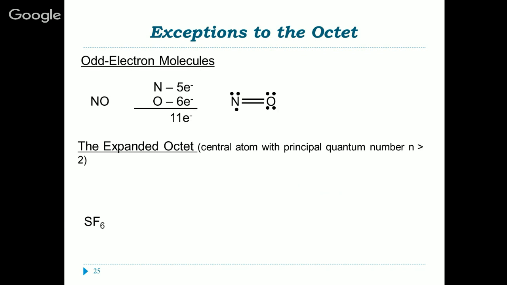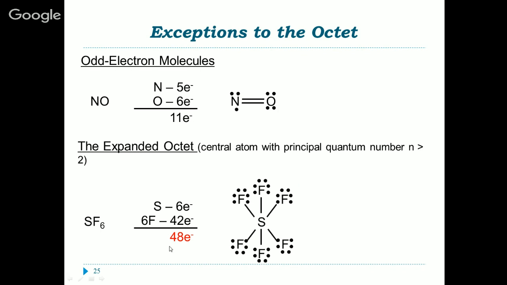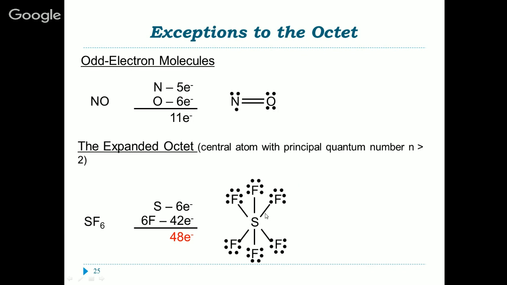So for example, sulfur hexafluoride, hexa because there's 6. Sulfur is going to be my central atom. 6 electrons here, 7 for each of the fluorines. 7 times 6 is 42. Added up, I should have a total of 48 electrons. And I do indeed. Sulfur is actually 2, 4, 6, 8, 10, 12 electrons around it.